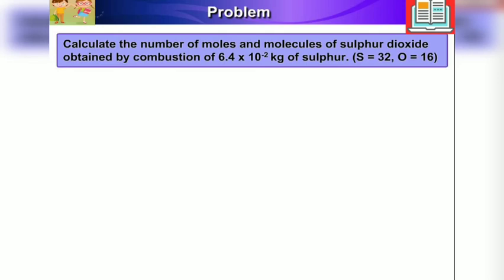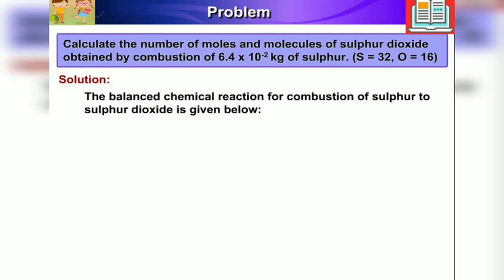Calculate the number of moles and molecules of sulfur dioxide obtained by combustion of 6.4 into 10 raised to minus 2 kilograms of sulfur. S equals 32, O equals 16. Solution. The balanced chemical reaction for combustion of sulfur to sulfur dioxide is given below. S plus O2 gives SO2.